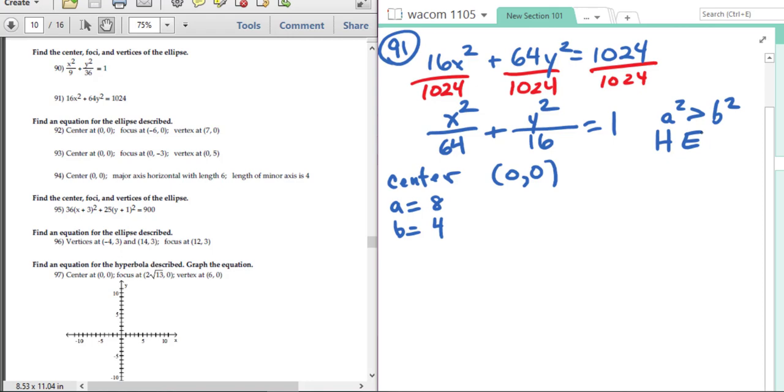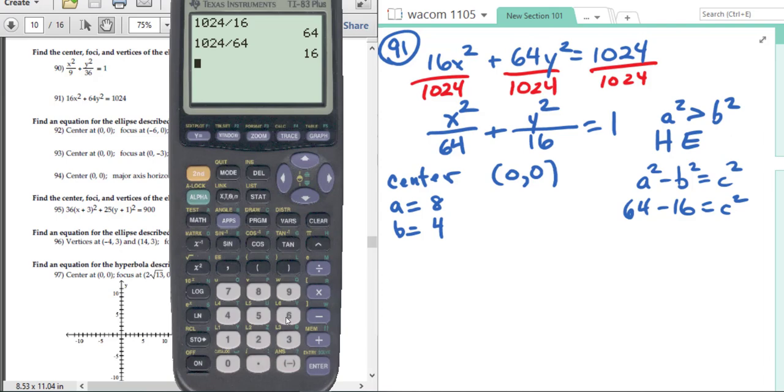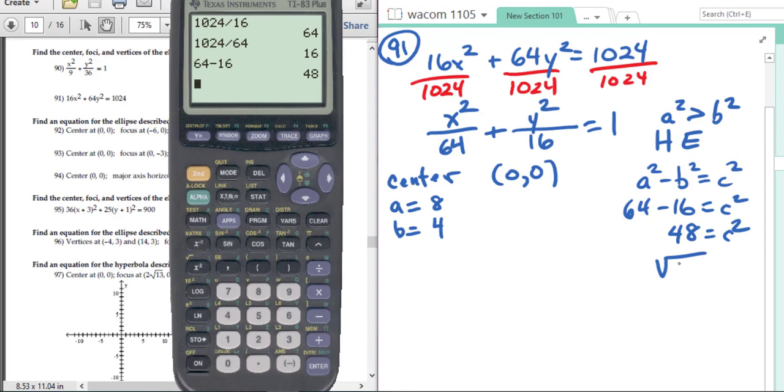So to find the c, which will help us get our foci, we will do a squared minus b squared equals c squared. So we're going to do 64 minus 16 equals c squared. 48. So c squared equals 48, and so we want the square root of 48 to give us c.